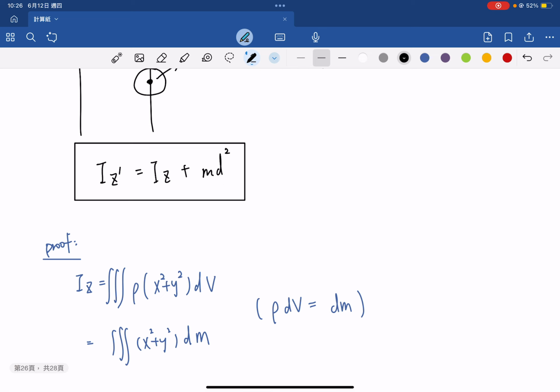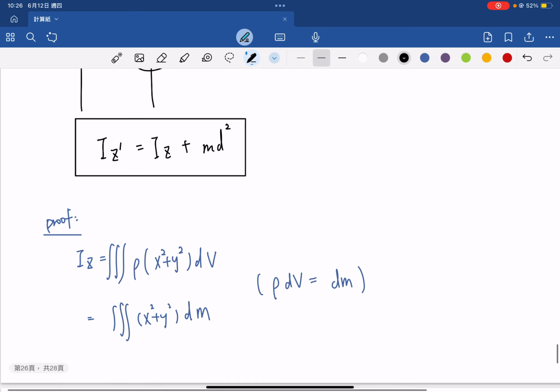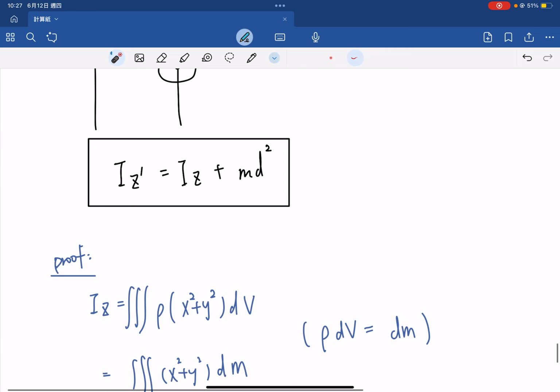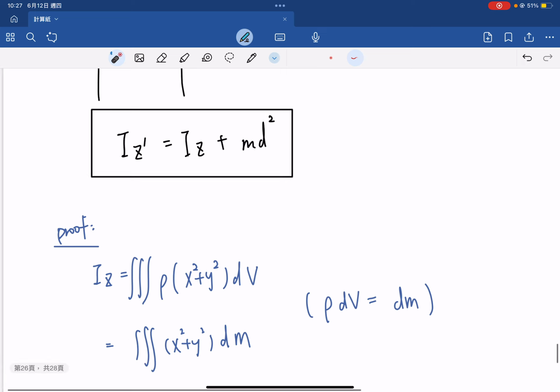And here is the proof of the parallel axis theorem. The moment of inertia about the z-axis is the triple integral of mu times distance squared dV.